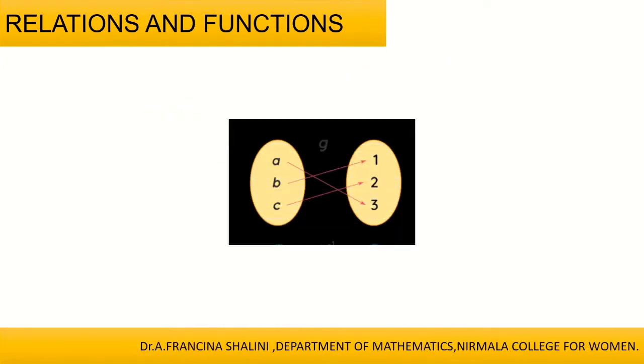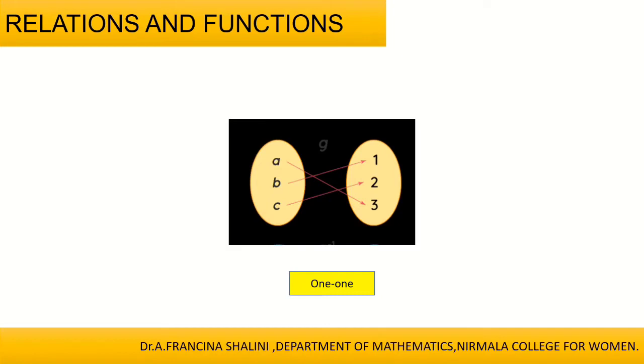You're going to see the next type of function, one-to-one function. A function is one-to-one if no two elements in the domain of f correspond to the same element in the range of f. That is, here we see the set A has elements A, B and C, and the set B has elements 1, 2 and 3. Here A is mapped onto 3, B is mapped onto 1 and C is mapped onto 2.